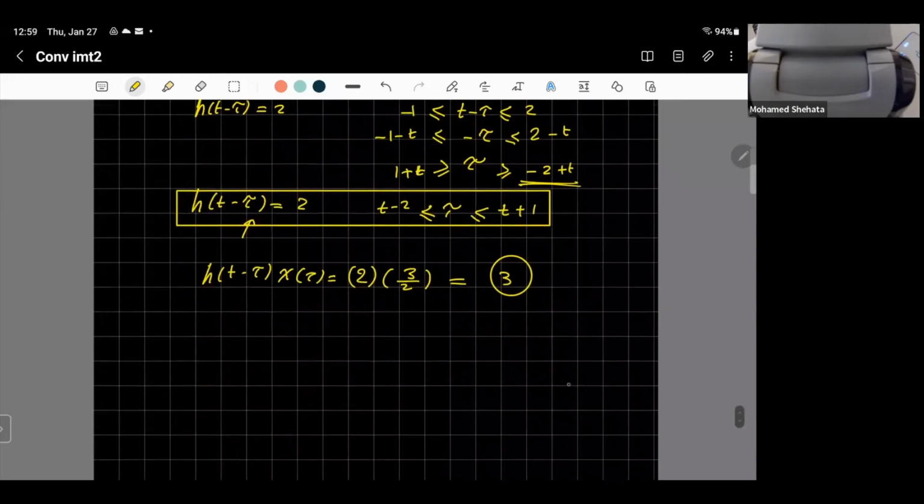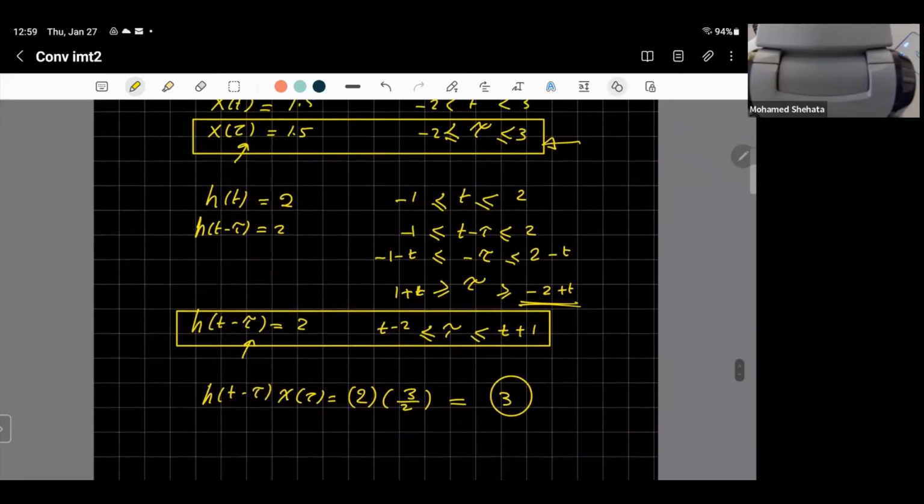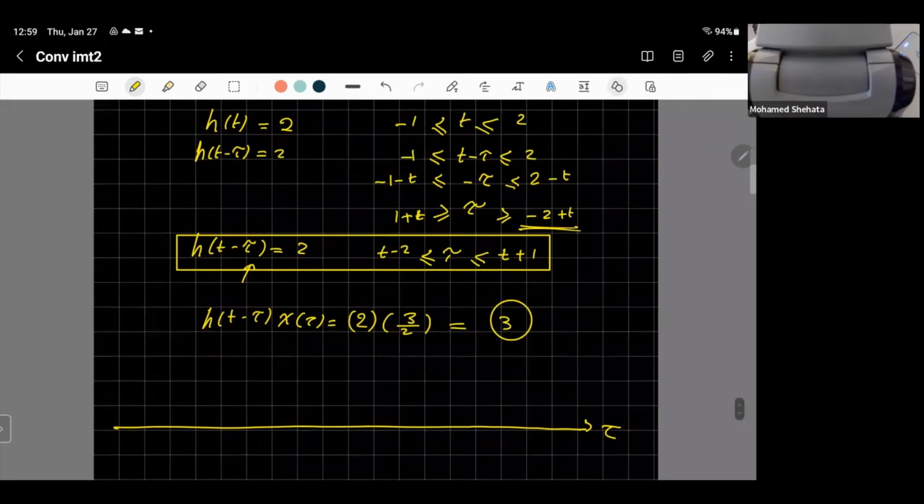So let me just show you what you're going to do. That's the tau axis, and set from -2 to 3. That's 0, that's -2, 1, 2, 3. That's 3.